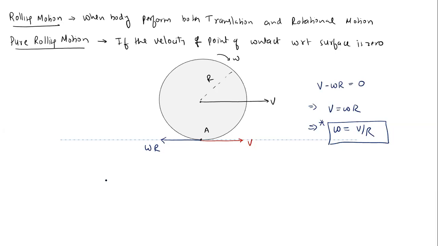Now, let us suppose I take one more condition. Suppose that we have a plank. That plank is moving with the velocity v dash. On this plank, we have a body which is rotating with angular velocity omega and moving with velocity v.